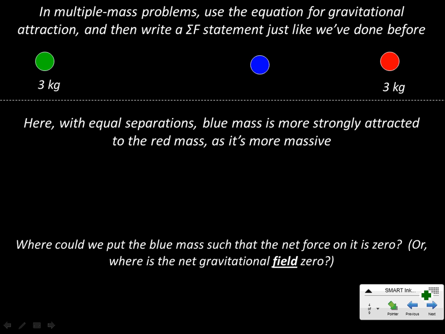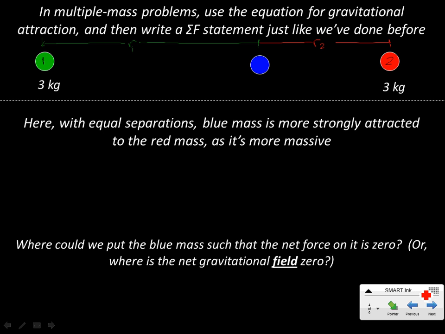However, we can see that this R, let's call this mass 1, and we'll call this mass 2. So this we could call R1, and this we could call R2. You can tell that R1 is bigger than R2.